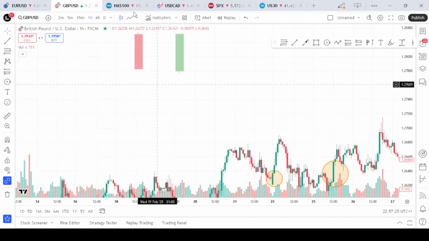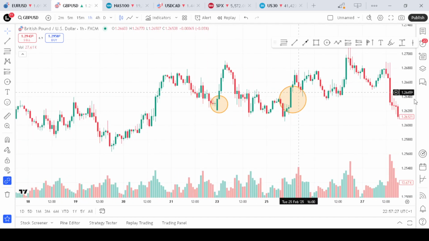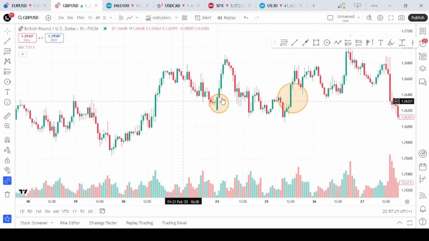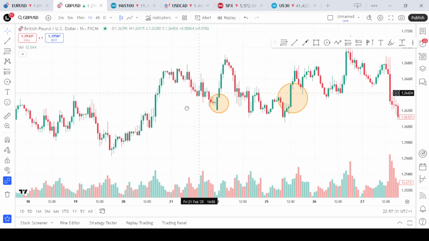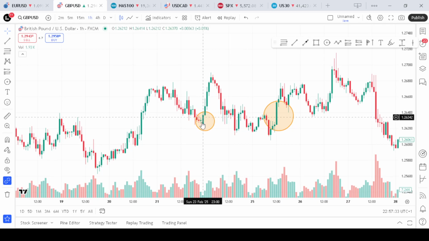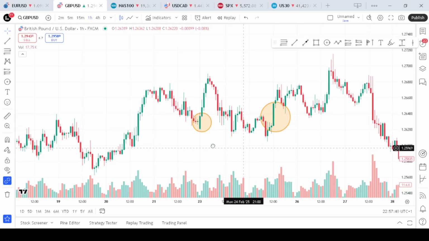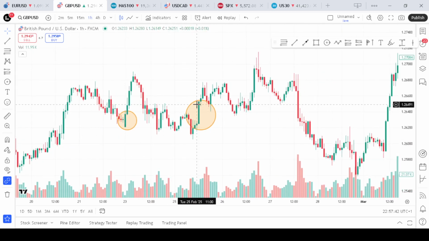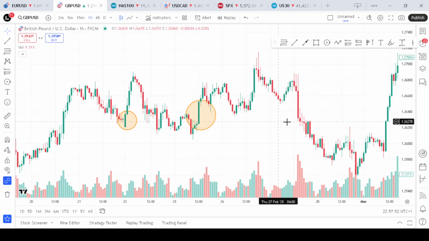Now let's plot this on our chart, and as we can see, this is a bullish engulfing candle, and it is bigger than the previous three candles, showing that we are reversing to the upside. Here is another bullish engulfing candle that is bigger than the last 5 candles, and it shows that the trend will continue to the upside.